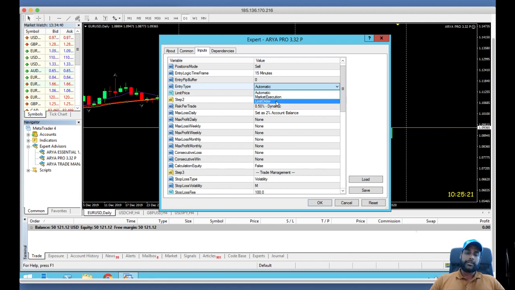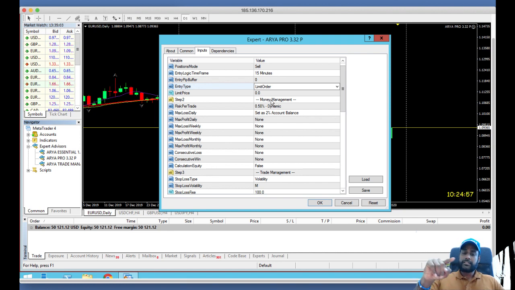There is also a limit order. Limit order is basically when you tell ARYA, okay, I want to sell at that precise price, 110, 111, 112, and 50 pips. Again, this is not something that we will use because we didn't say that we want to sell at 110 precisely. We want to sell between 110 and 110.50.